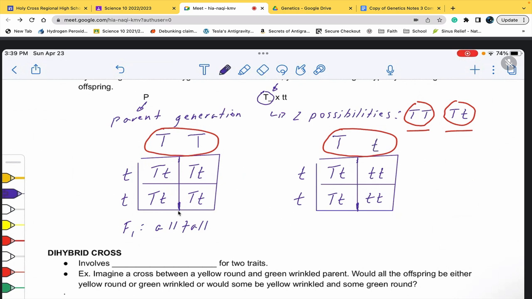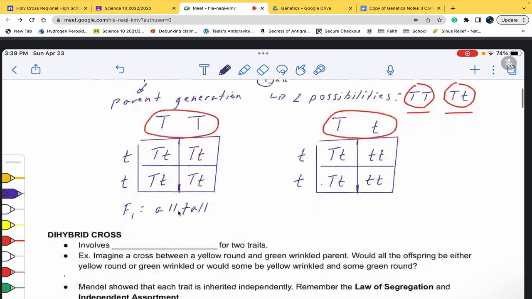Okay, so this F1 generation is 50-50, 50 of each. 50 tall, big T, little t is tall, and then 50 short, little t is short. Right?